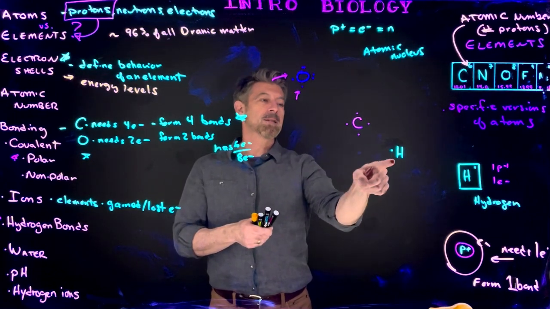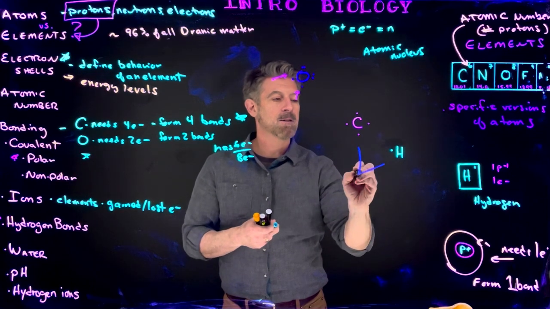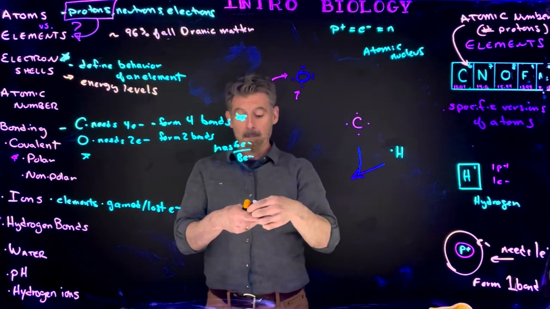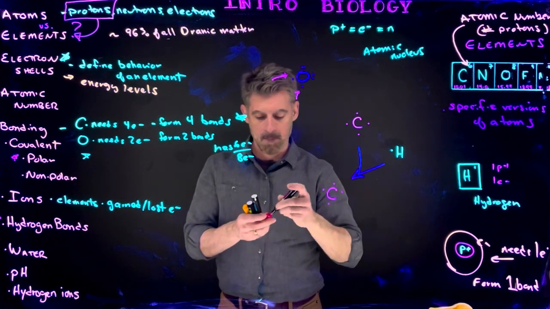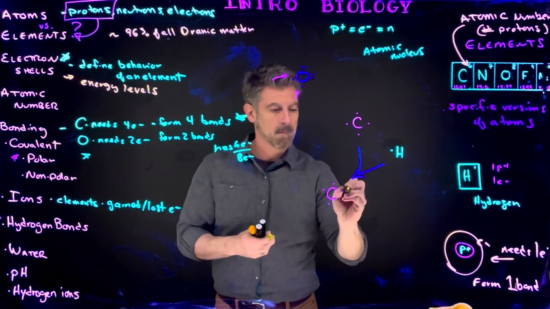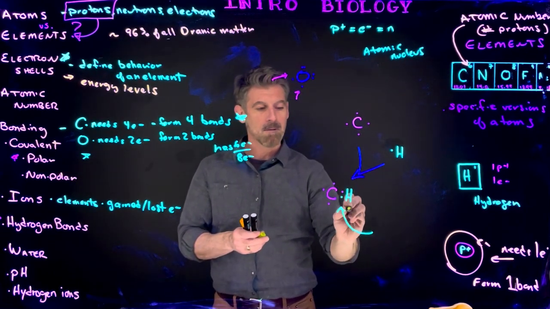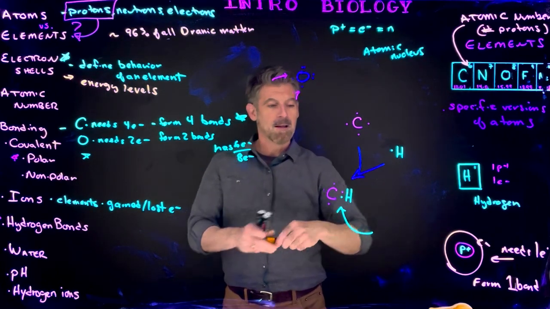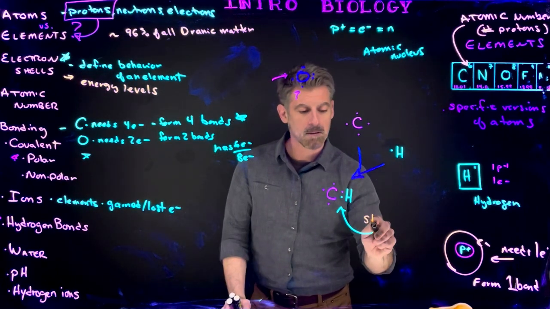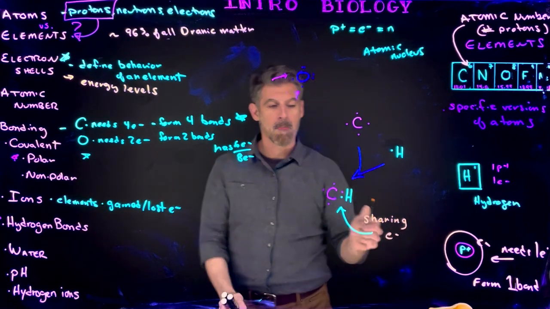So if this is carbon and this is hydrogen, what can happen here is that they can interact with each other. They can form a bond, right? So this carbon and this hydrogen can interact with each other, and right there, this area where I drew these 2 right above one another, they are now sharing electrons.